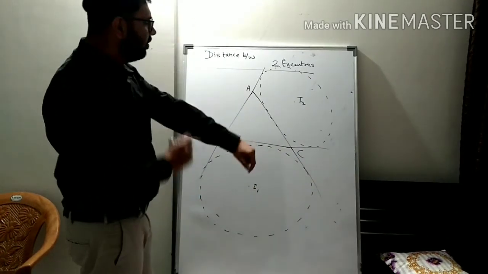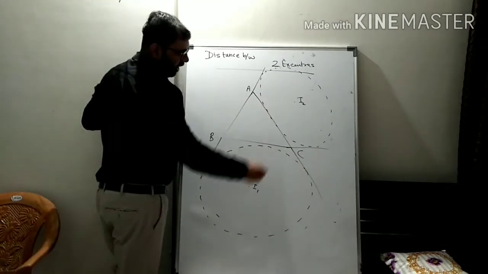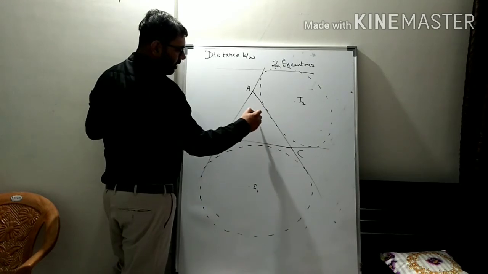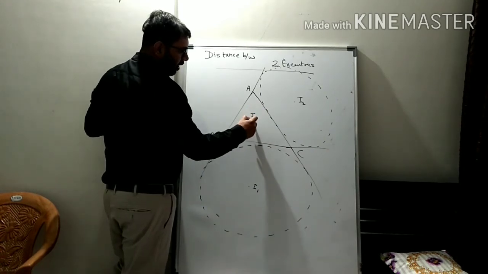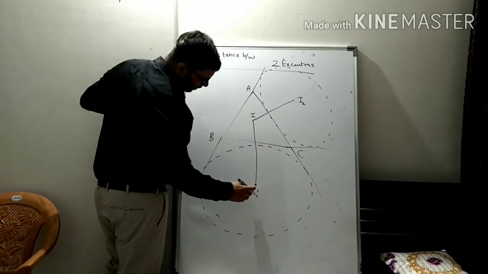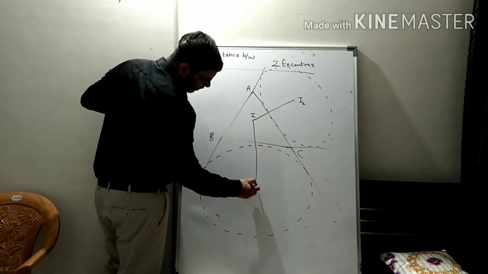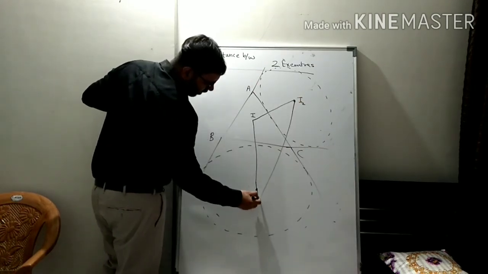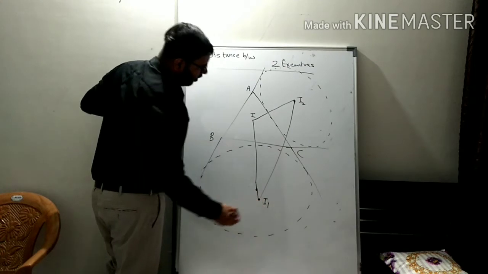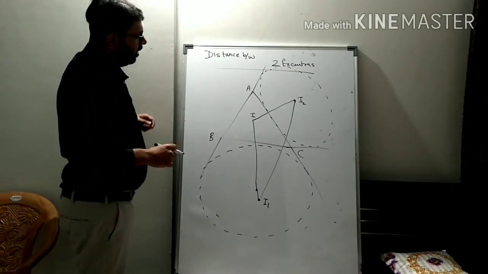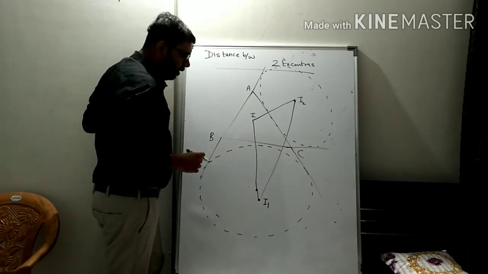So now I am interested in finding this distance between I1 and I2, the two excenters. The center of the incircle will be I here. Now I connect these two, and then I join here.